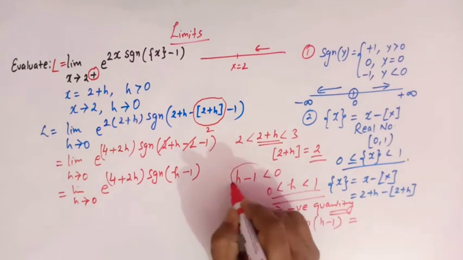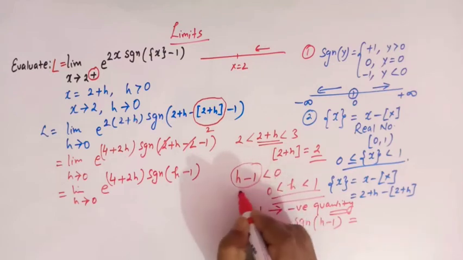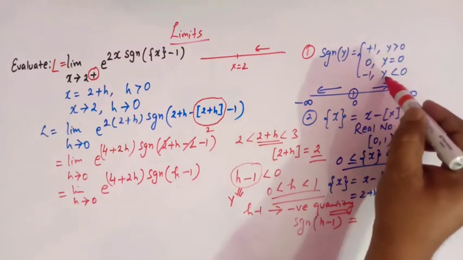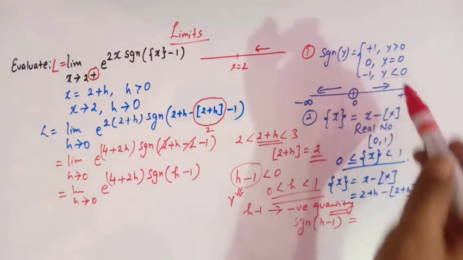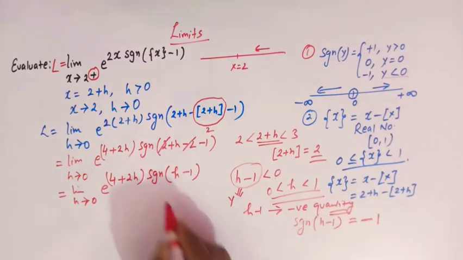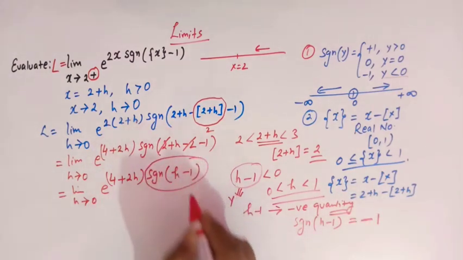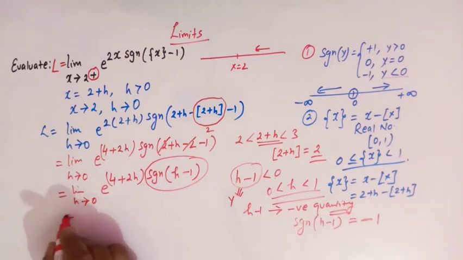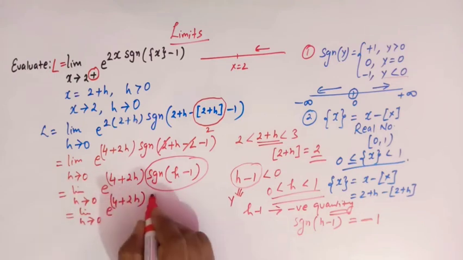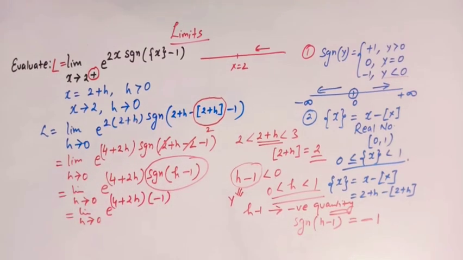So h minus 1 is less than 0, and if we take h minus 1 as y, so y is less than 0. When y is less than 0, signum of y takes the value minus 1, so here we have minus 1, right? So now we have limit h tends to 0, e raised to 4 plus 2h, and here we have minus 1.